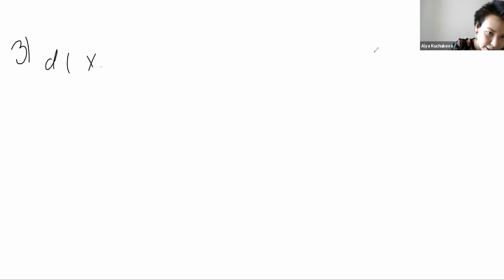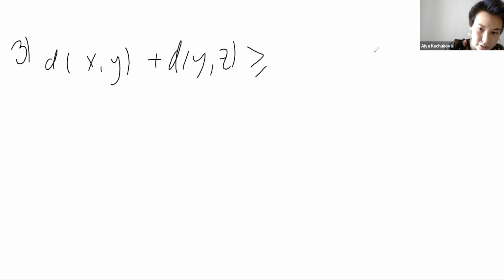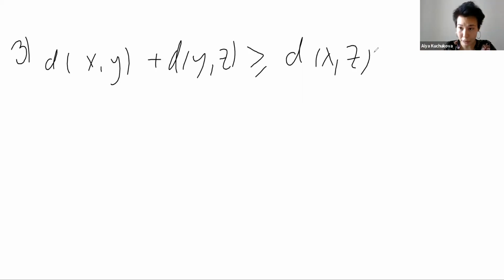Third, d(x,y) plus d(y,z) is bigger or equal than d(x,z), which is called the triangle inequality. Okay, and so these are the main properties we have to remember about the metric, and that's basically all. Everything else is just something that comes with a specific metric we know.